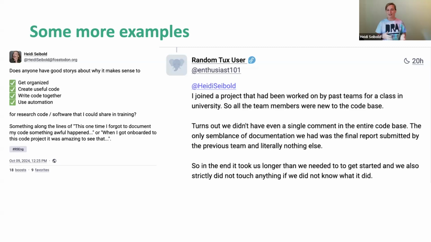So it took them a lot longer than it should have to really get started with working with the code. So creating useful code, organized code that you can hand over to someone new, like in my example with the bachelor thesis, is just really, really helpful. And it can really hurt the productivity of new people when they come in to a project, if that's not the case.